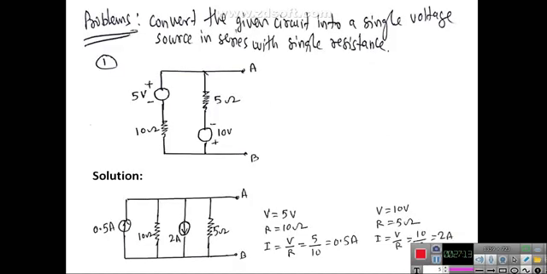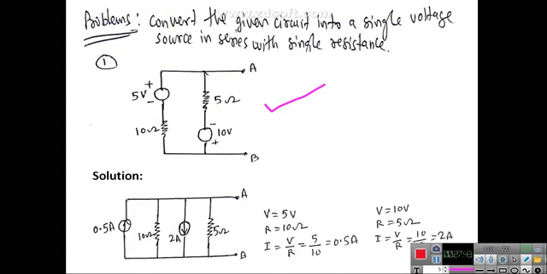Now we can go for an example. Convert the given circuit into a single voltage source in series with a single resistance. This is the given circuit. In this network you have two voltage sources.